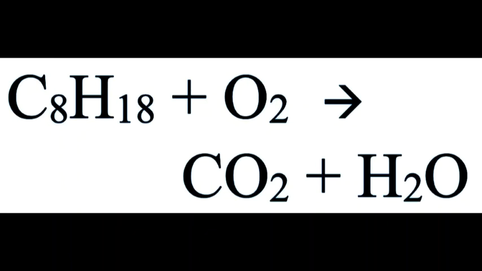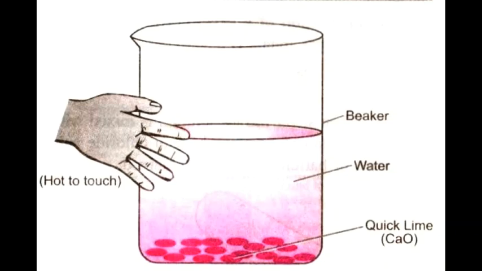Now finally we come to the changing temperature. This we have already seen, the exothermic reaction, how if you put water in calcium oxide, quicklime, you mix water with quicklime, it becomes hot while forming calcium hydroxide, slaked lime.